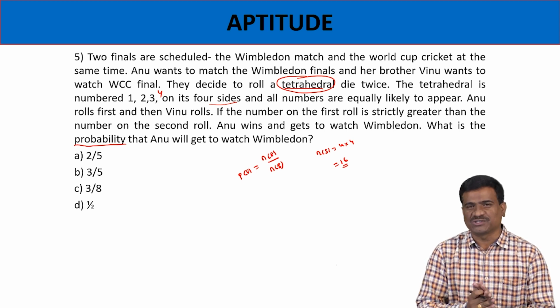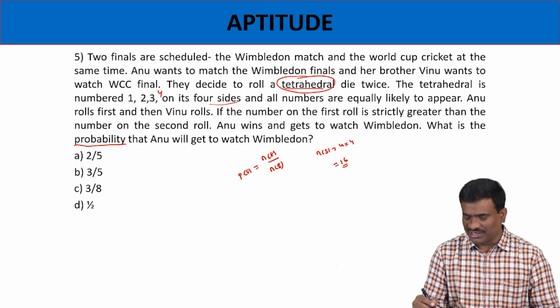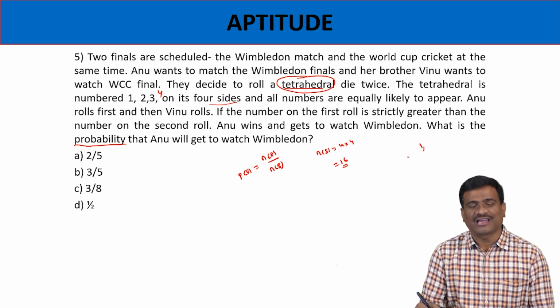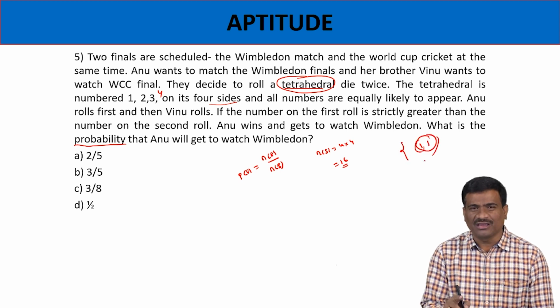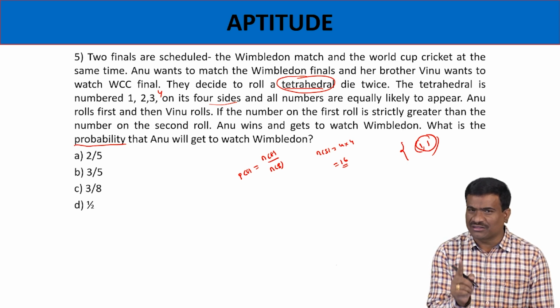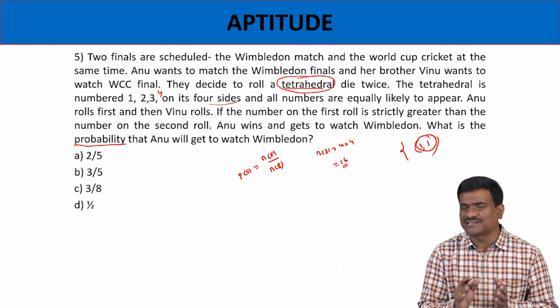Here, two possibilities. Suppose Anu's first possibility is 1, and Vinu's possibility is 1: first possibility 1, 1. But the condition given is that the second is greater than the first one. So 1, 1 is not possible, because 1 is equal to 1.